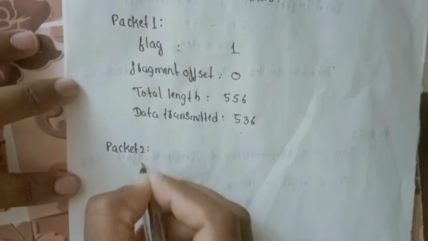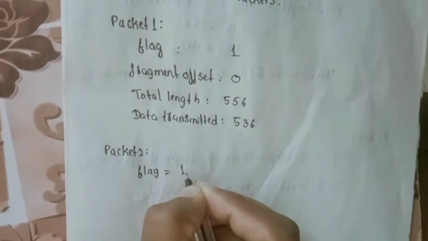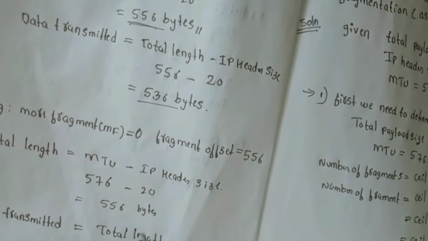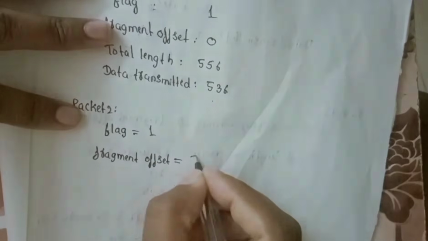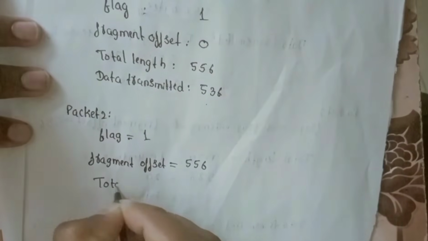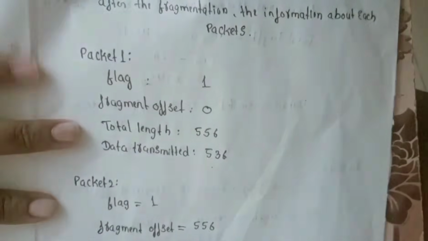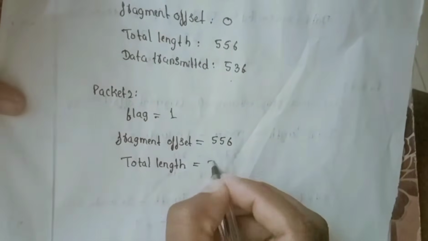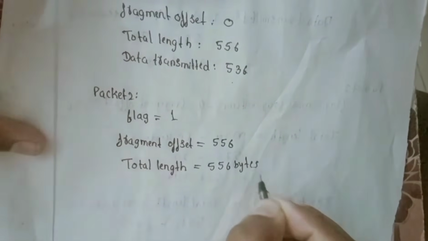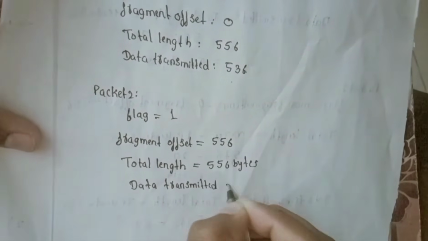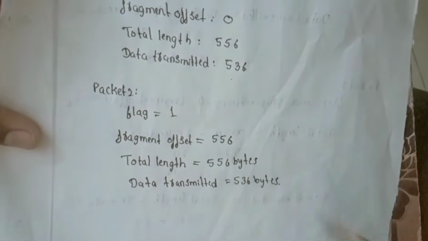Similarly for packet 2, flag equals 1, fragment offset is equal to 556, total length is equal to 556, and data transmitted is equal to 536 bytes.